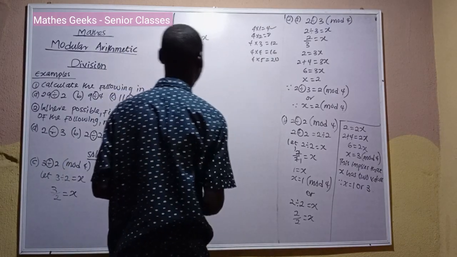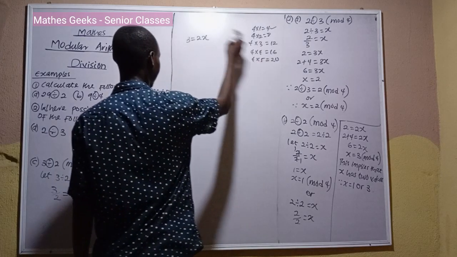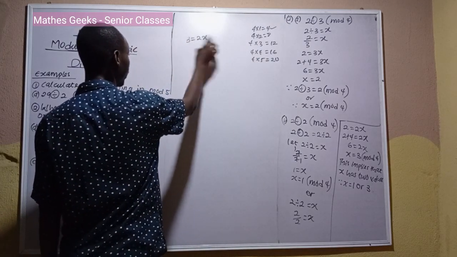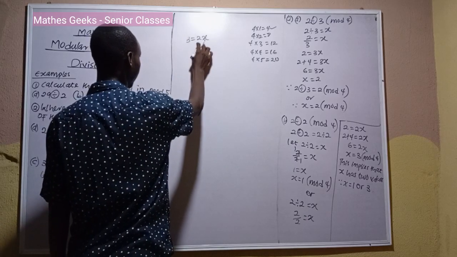So if you go on and on, you discover that you are not going to get any multiple of 4 that, when added to 3, will give you a sum that can be divided by 2.